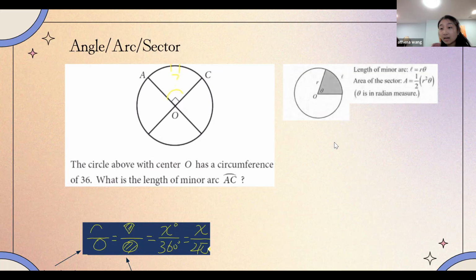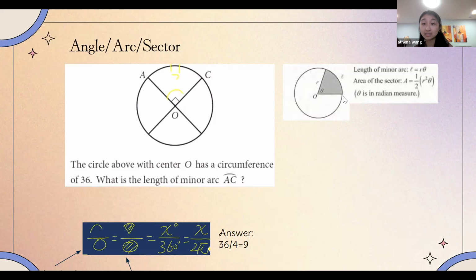Okay, and for radians, the length of this minor arc is also equal to the radius times theta. This theta is going to be the number of radians that are in this arc, not degrees.